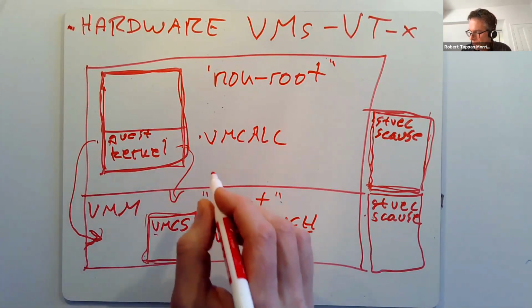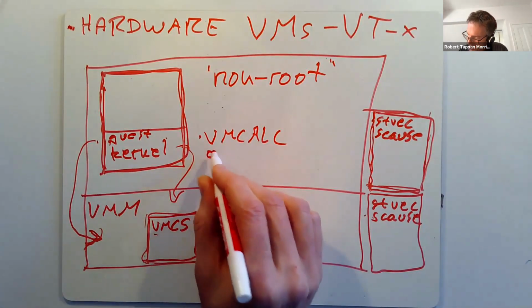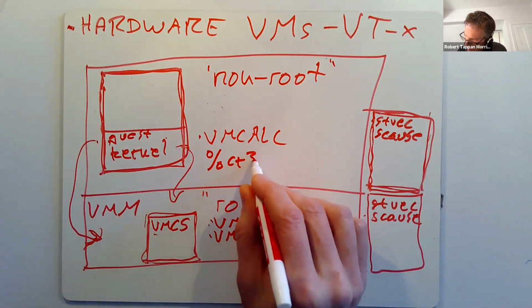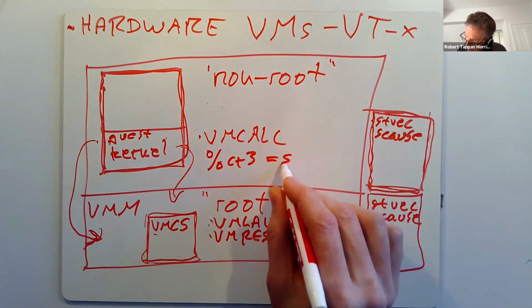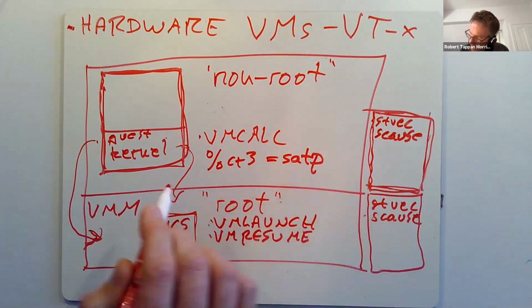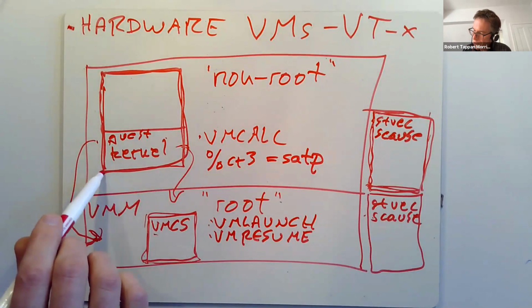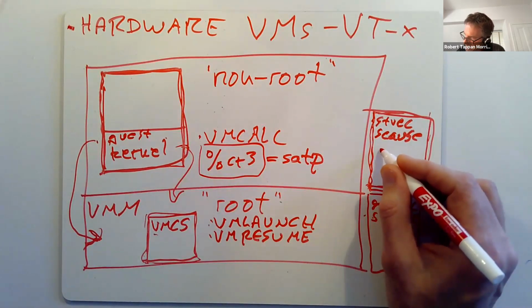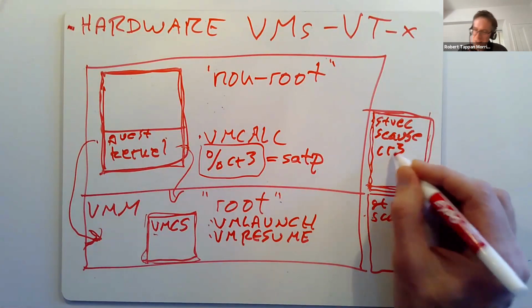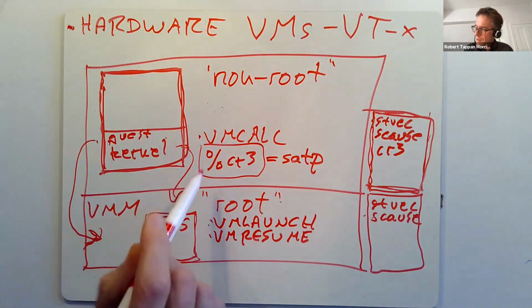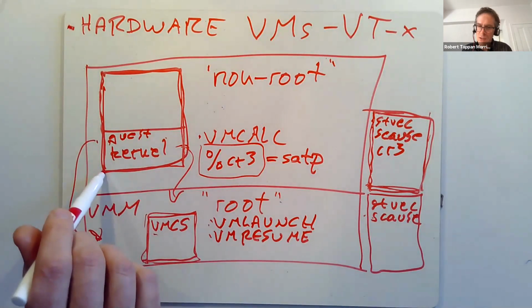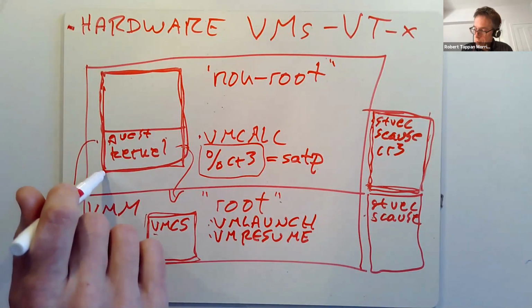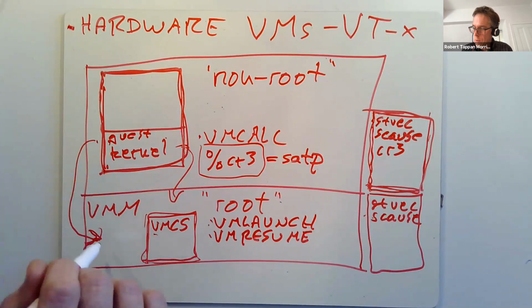Wants to be able to load CR3, which is the Intel equivalent of the SATP register. So VTX allows the guest kernel to load any value it likes into the CR3 register to set the page table. And the hardware will actually obey that page table that the guest kernel loads. Which is fantastic, right? Because now the guest kernel can load a page table without trapping to the VMM.